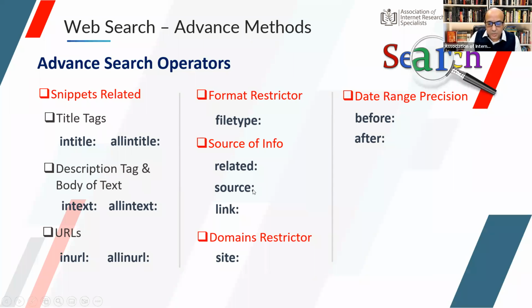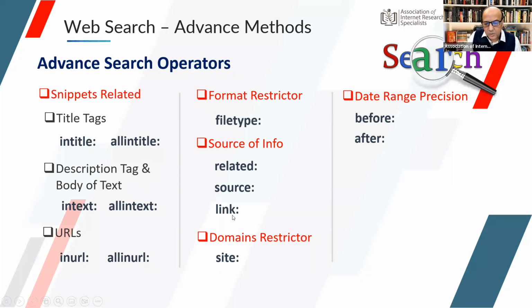Source gives you all sorts of info, from images to any other sources like news. If it is news or articles that you're looking for, we're going to use the colon sign. Links: when you discover different links or URLs that are pointing to your site, even on a third party platform, those links are also collected.